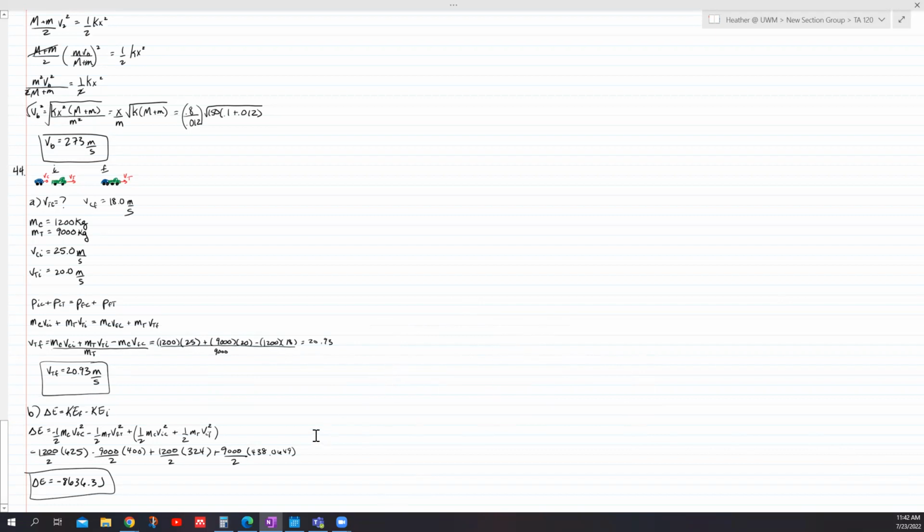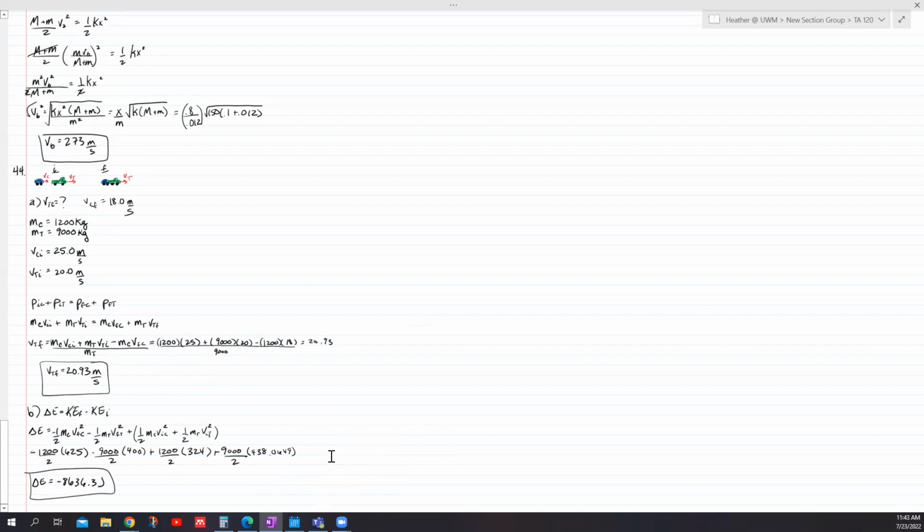So potential energy is not something that we're looking at. So we're going to take the final kinetic energy, which is 1/2 M_C V_Cf squared plus 1/2 M_T V_Tf squared, minus 1/2 M_C V_Ci squared minus 1/2 M_T V_Ti squared.